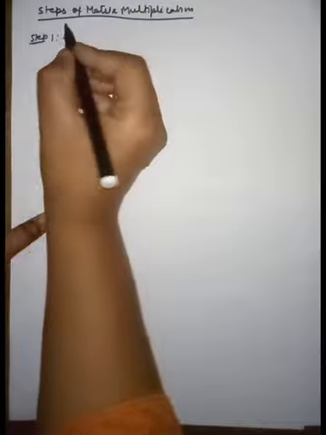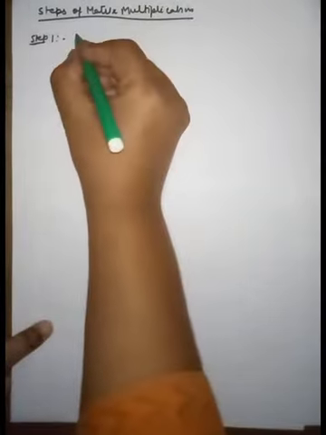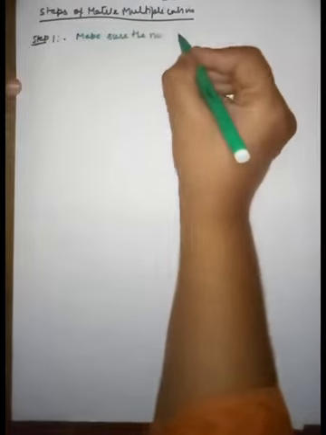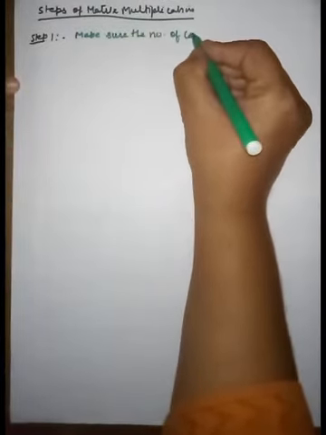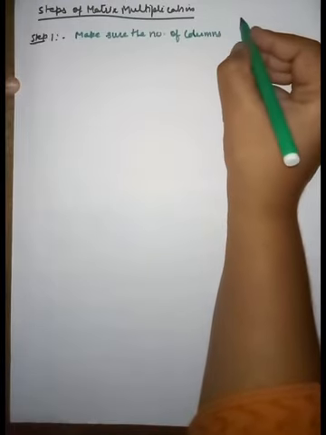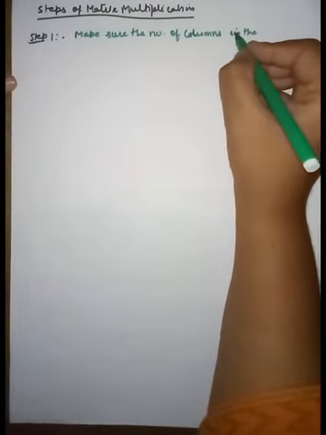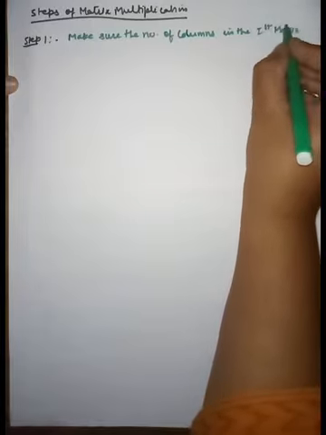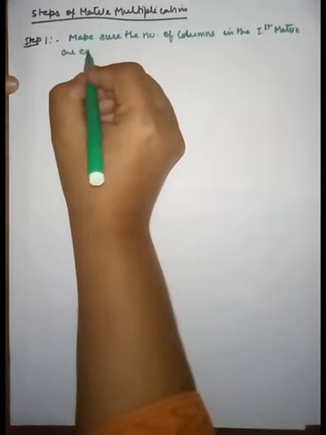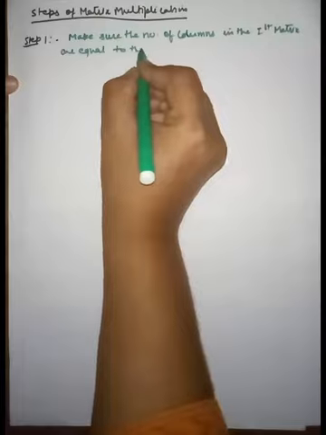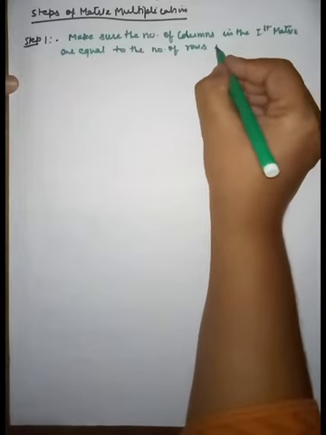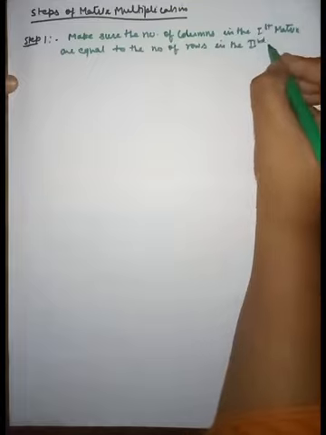So step 1, make sure the number of columns in the first matrix are equal to the number of rows in the second matrix.